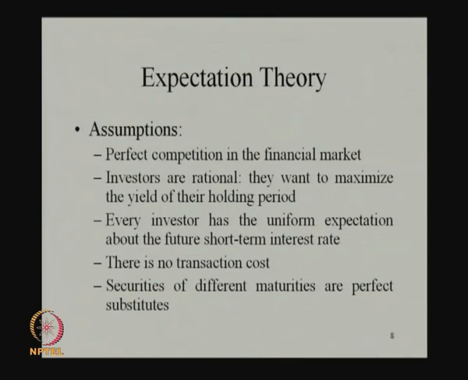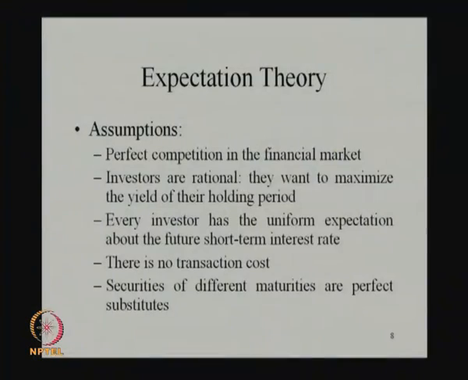And another assumption, which again we can consider a faulty assumption, is that securities of different maturities are perfect substitutes. It assumes that even if one security has 5 years maturity, another 2 years maturity and another 10 years maturity, and one investor is investing in 5 years, another in 2 years, another in 10 years, all the securities can be substituted for each other at any point of time, or one particular asset can replace another.